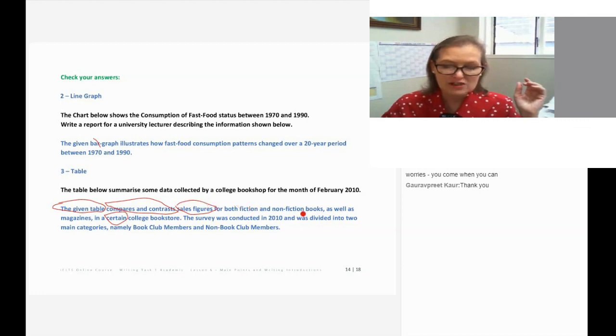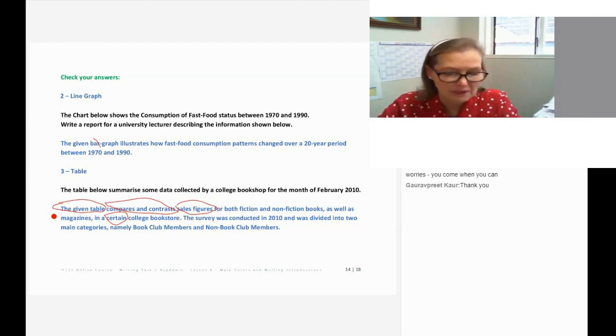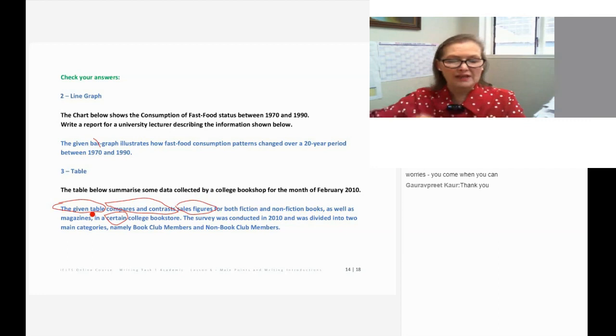So have a look at this language here, and was divided into two or sometimes three, whatever your graph, your table gives you, main categories. And that's one way that we can write an introduction for tables. We can actually name the categories.